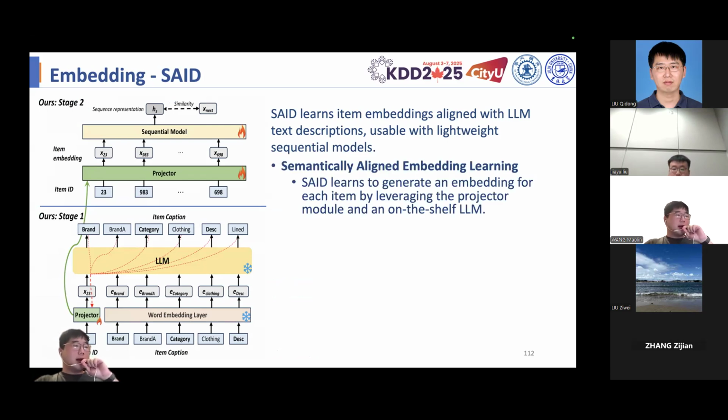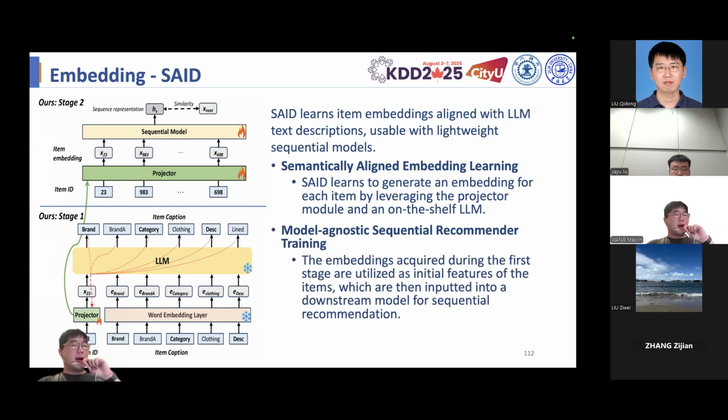The first stage is the semantic alignment stage, where the item embeddings are learned by projecting the LLM-generated text descriptions into a shared latent space through a trainable projection module, followed by a model-agnostic recommendation stage where these pre-trained embeddings serve as lightweight, semantically rich input features for efficient sequential recommendation models.